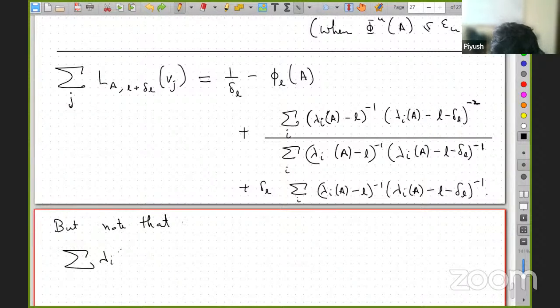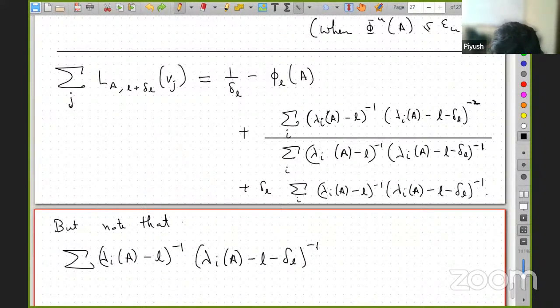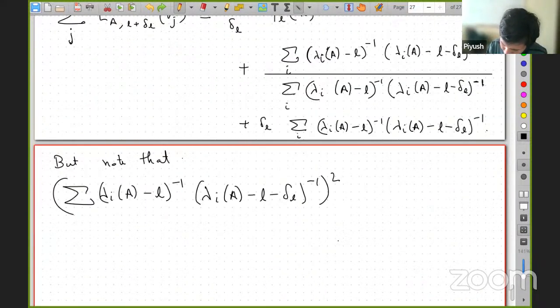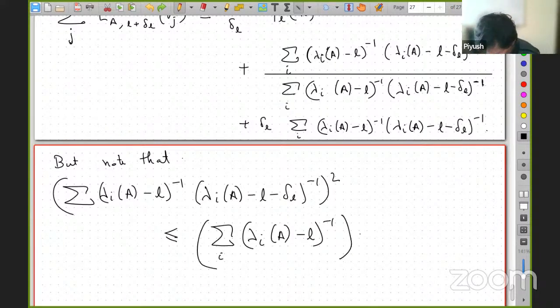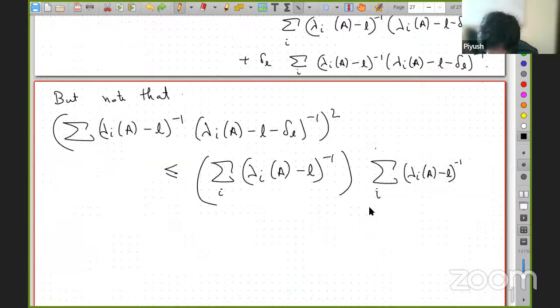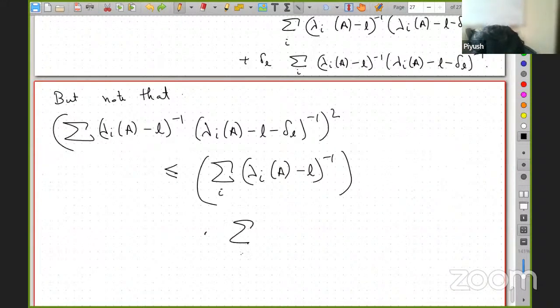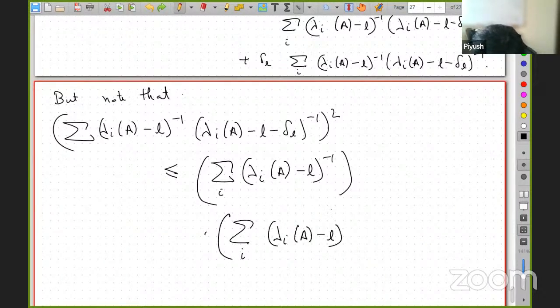But now note that this, lambda_i (A minus L) inverse lambda_i (minus L minus delta L) inverse, whole squared, is less than, by Cauchy-Schwarz or Hölder, summation of lambda_i (A minus L) inverse times summation of lambda_i (minus L) inverse times summation of inverse lambda_i.